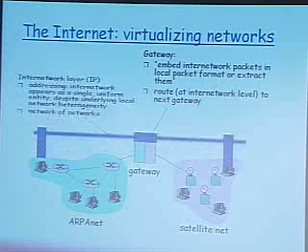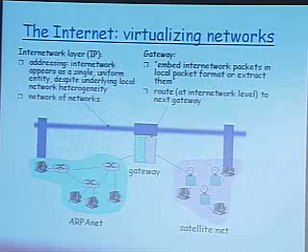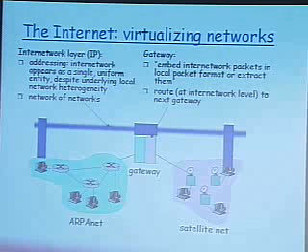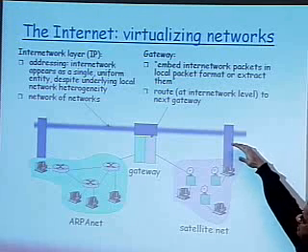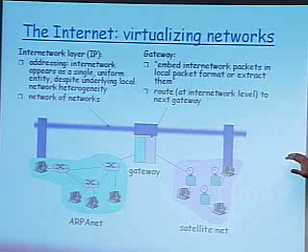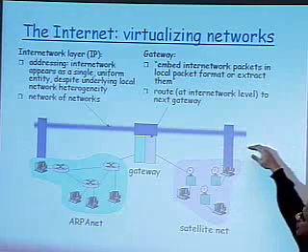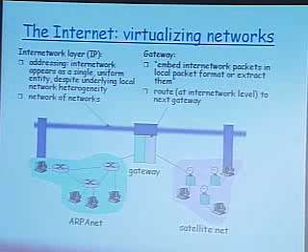And this gateway is what evolved to be the IP layer or the network layer. So now with the internet layer, whatever was below this layer is not of any concern to the IP layer. Everything on the IP layer is a single uniform identity.